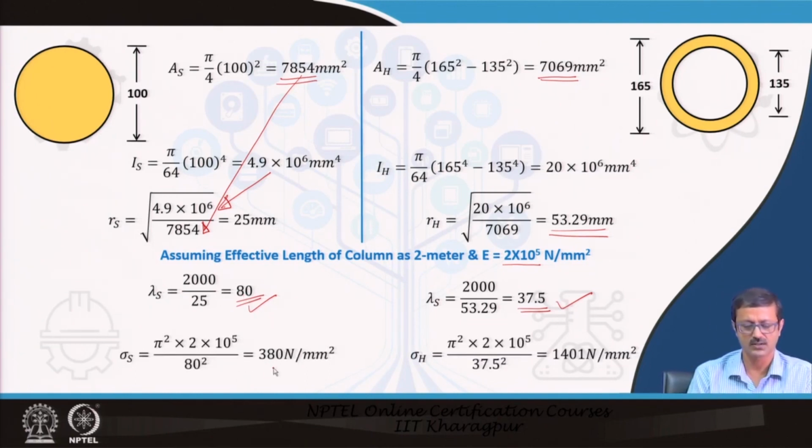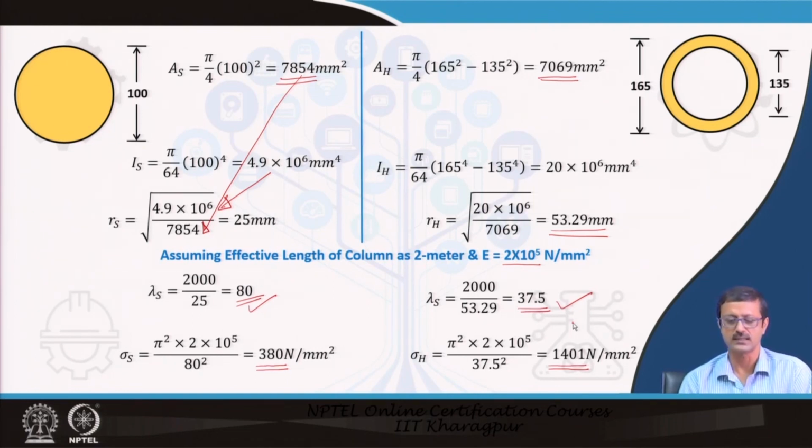So, finally the critical stress also can be found out. In case of the solid column, I computed the critical stress as 380 Newton per mm square, whereas in case of the hollow it is 1401 Newton per mm square. If I now multiply this with the area, I can find out the critical load, PE.